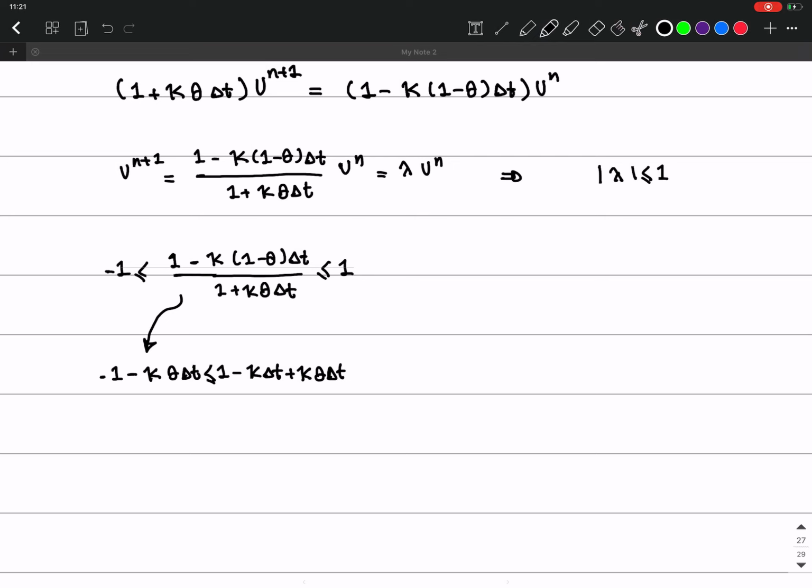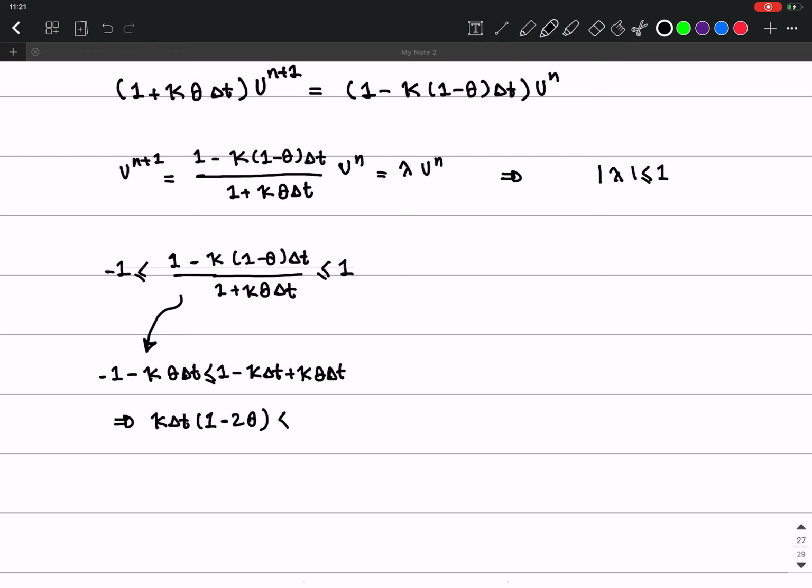Okay, so this means that, just by rearrangement, if I factor kappa delta t, the first one is going to be 1, and then I'm going to have minus 2 for these two, 2 theta.